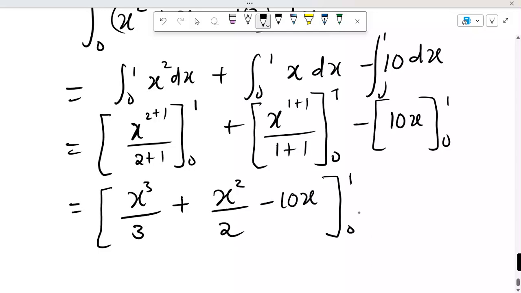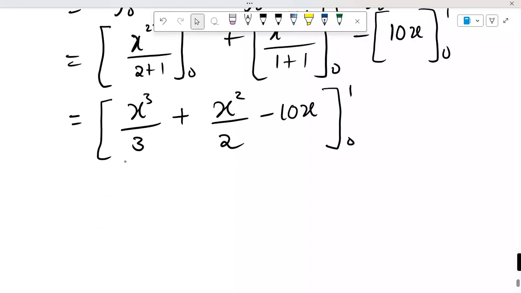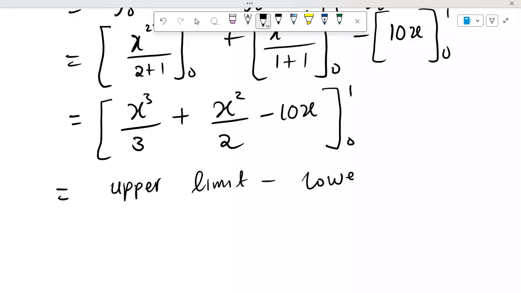So these are the limits of integration. Now we substitute the limits. You first substitute the upper limit minus the lower limit.